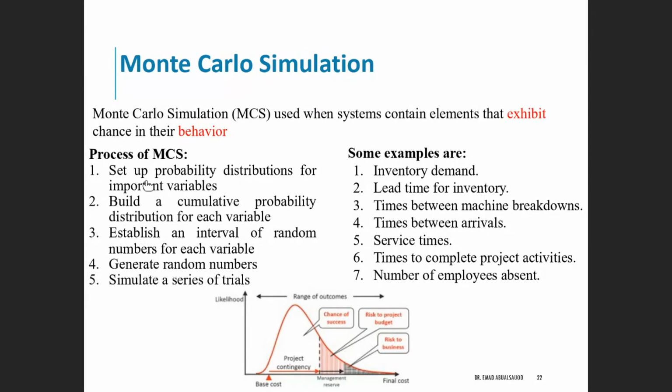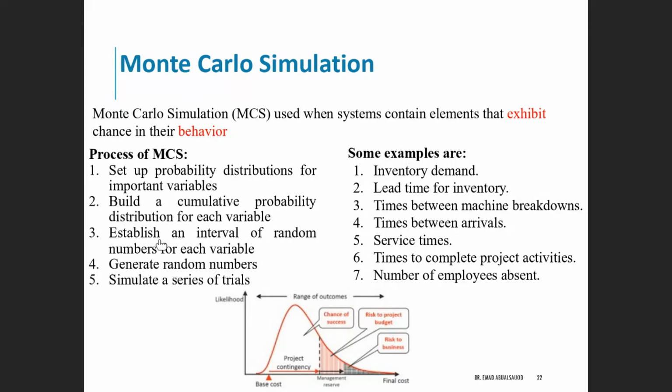So you start by setting up the probability distribution, and you build the probability distribution for each variable you have, depending on the variables you have set from step 1.